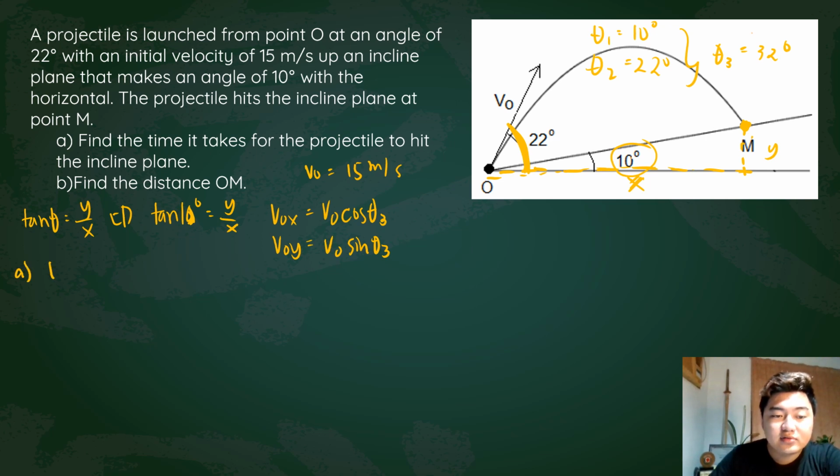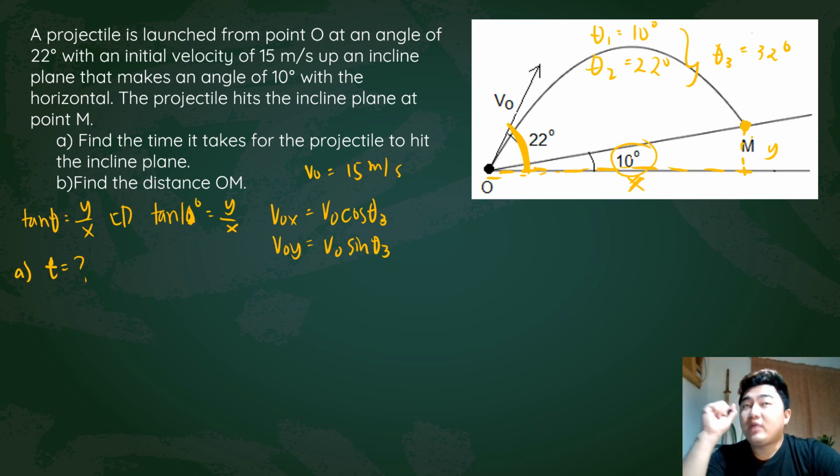We are asked to solve for the time. Now, what equations can we use? For this one, we will have to use the relationship between the x and y, which is tangent theta, which is equal to y over x. Now, we need to have an equation where we can express y and x in terms of time.